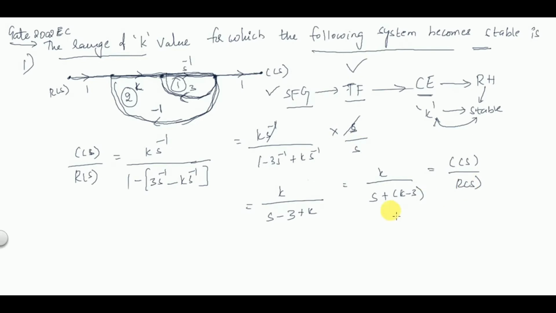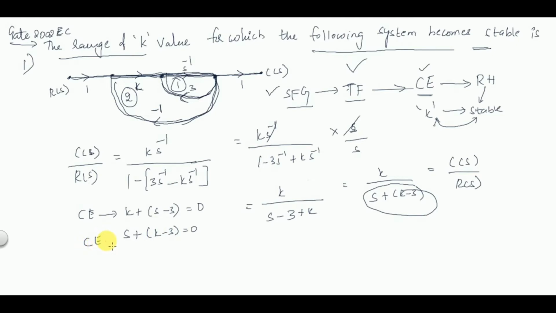From the transfer function, by equating the denominator to 0 we get the characteristic equation. The characteristic equation is k plus S minus 3 equal to 0, or you can write S plus k minus 3 equal to 0.